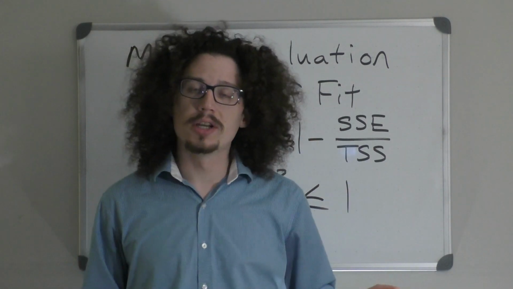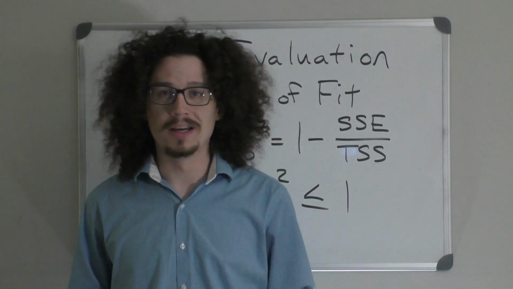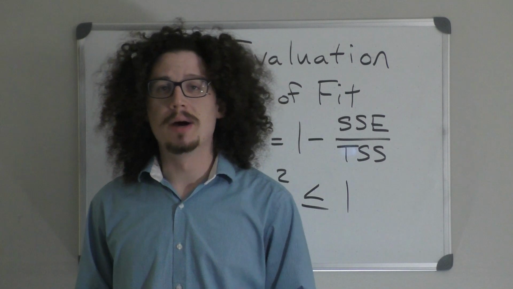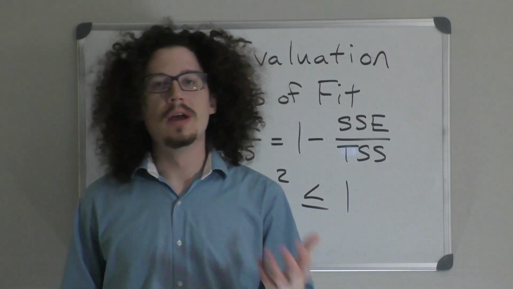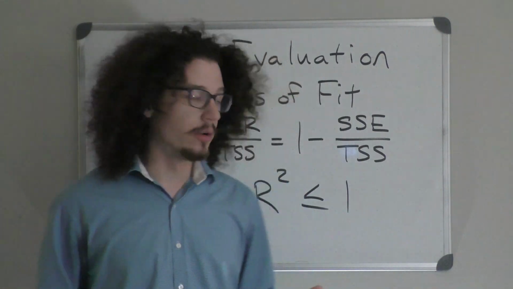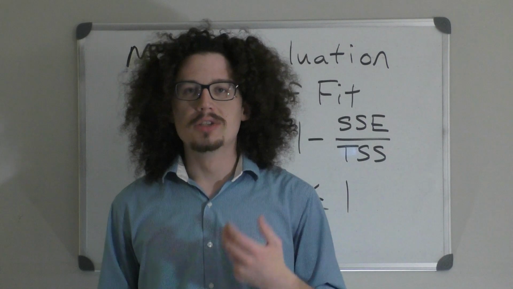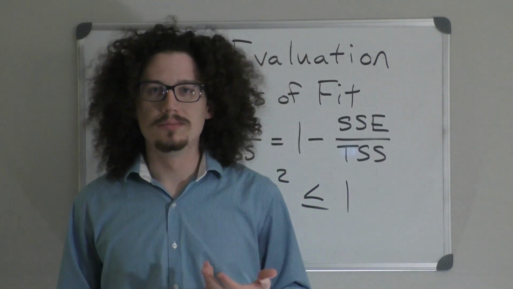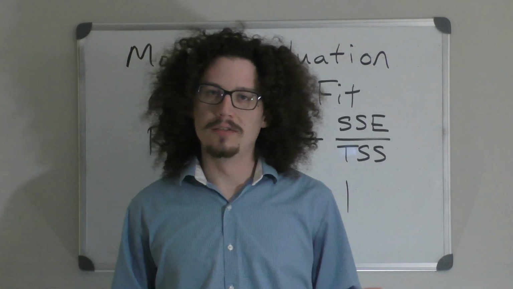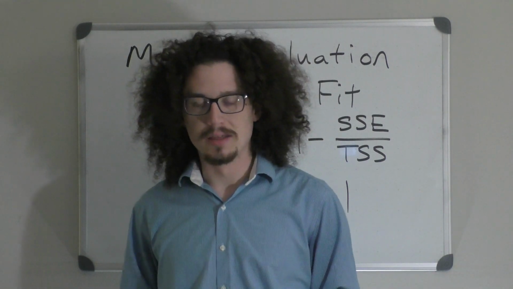In simple linear regression, I said you could just say it was the percentage of variation explained by the independent variable. That's no longer the case because we don't have just one independent variable. We're going to have multiple, hence multiple regression. So we do have to stick with the model: it's the percentage of variation in the dependent variable explained by the model.